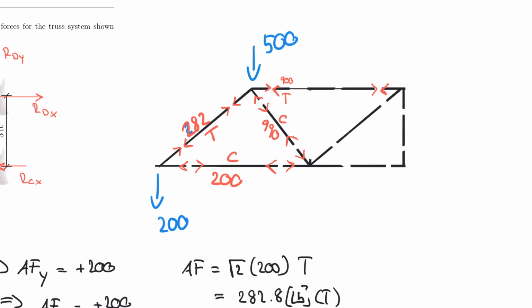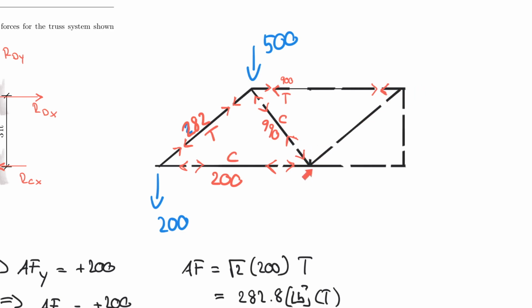So last but not least, I can either now focus on this node up here or on this node down here. And I think it's easier to start with this node. Well, actually it's not easier because we don't have the support reaction here.